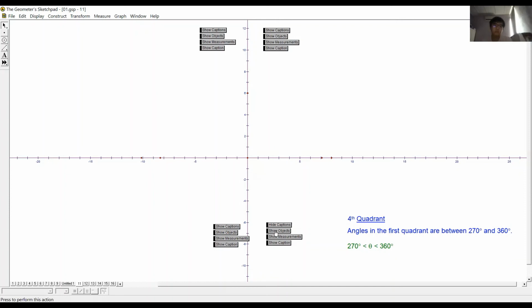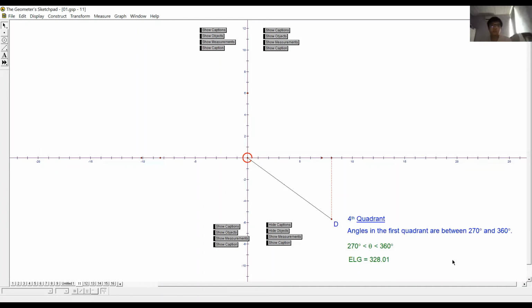So we take one specific example from this quadrant. The specific example is 328 degrees. How is 328 measured? Measured from the positive x-axis, go anti-clockwise until the fourth quadrant. The size of that angle in red color is 328.